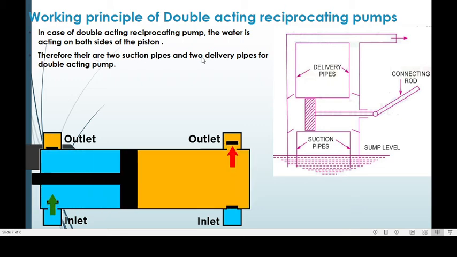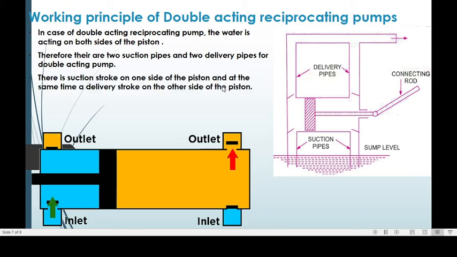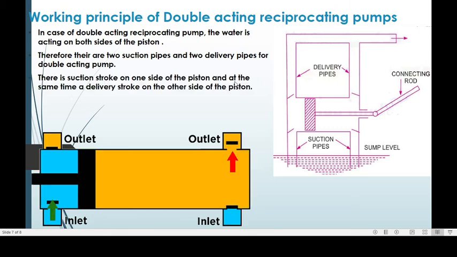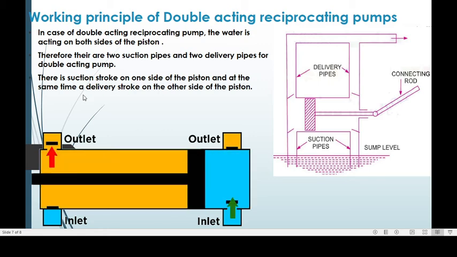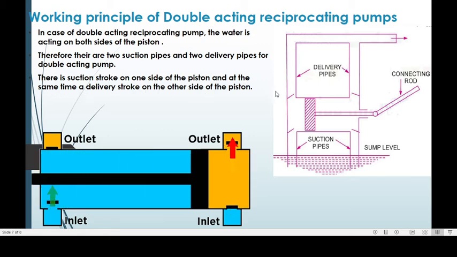Therefore, there are two suction pipes and two delivery pipes. There is a suction stroke on one side of the piston, and at the same time a delivery stroke on the other side of the piston.